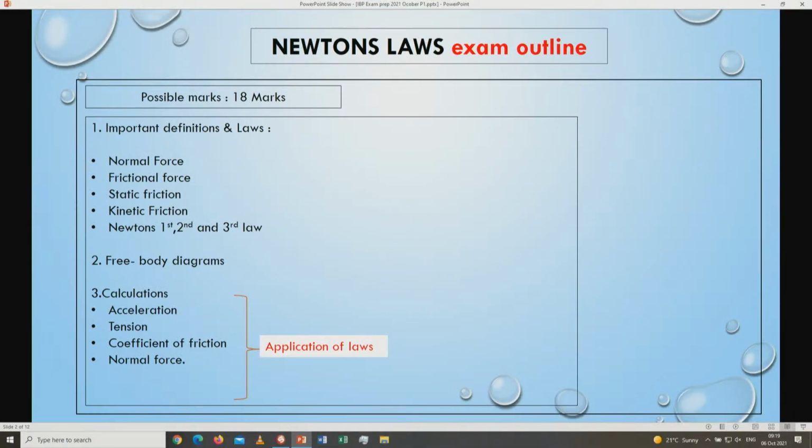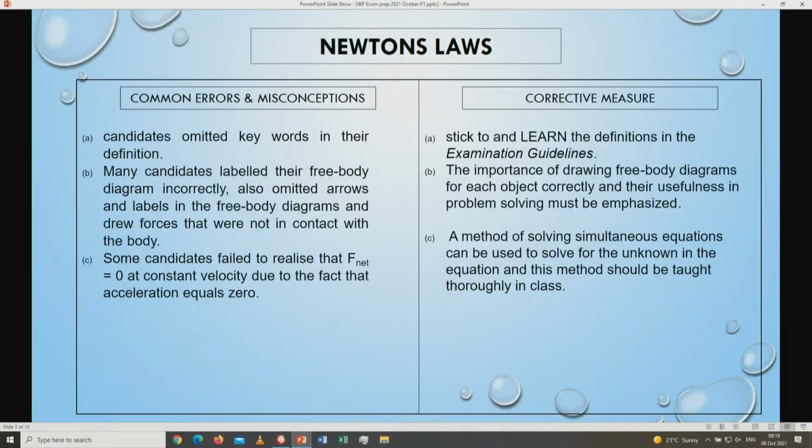So moving forward, the misconceptions and common errors that we picked up were that candidates omit keywords in definitions. I explained further that when you give your definitions, kindly use your terms and definitions from your exam guideline, because the exam guideline addresses all the definitions that you need to know.